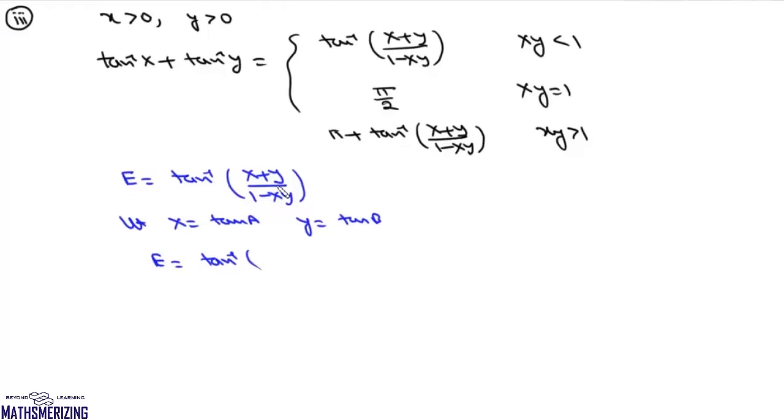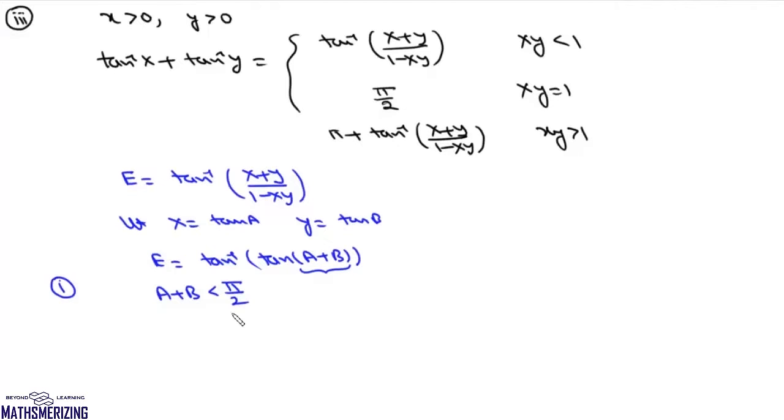Now this is tan a plus tan b upon 1 minus tan a tan b. So it will be simply tan of a plus b. Now depending on the value of a plus b, we'll get different conditions. So we'll take this first condition when a plus b lies in the principal value range, that is when a plus b is less than pi by 2.